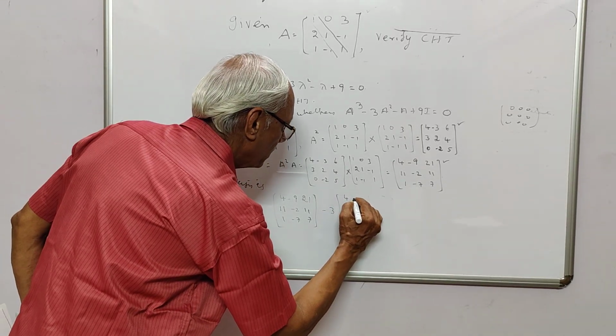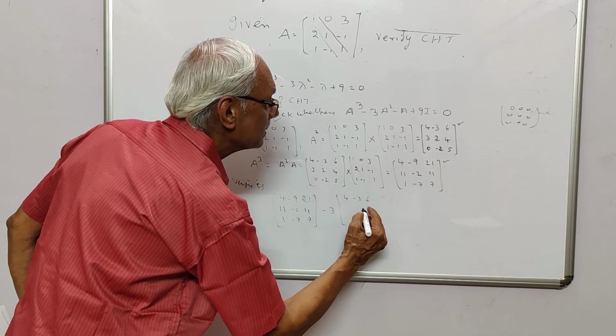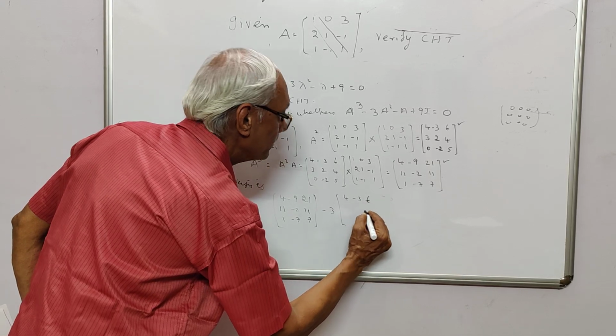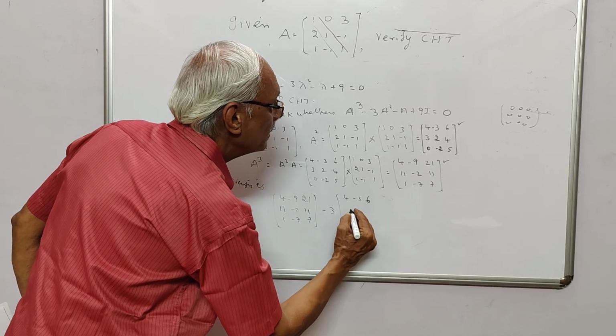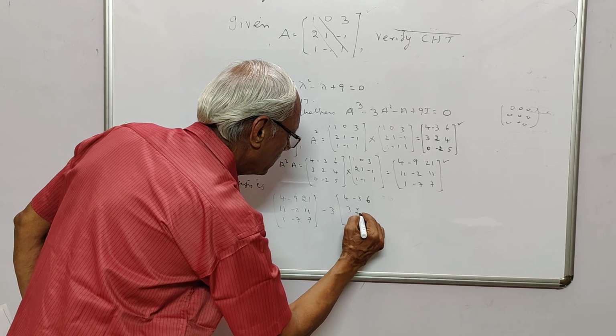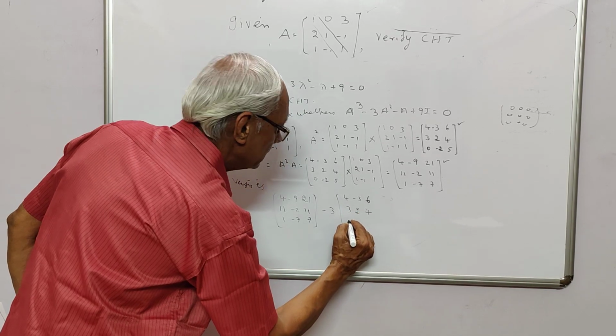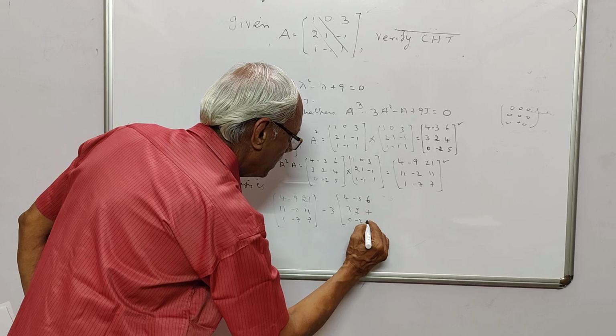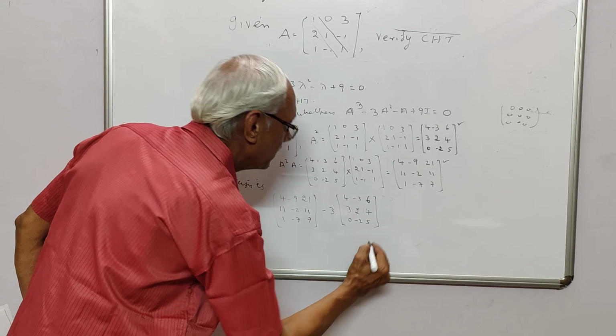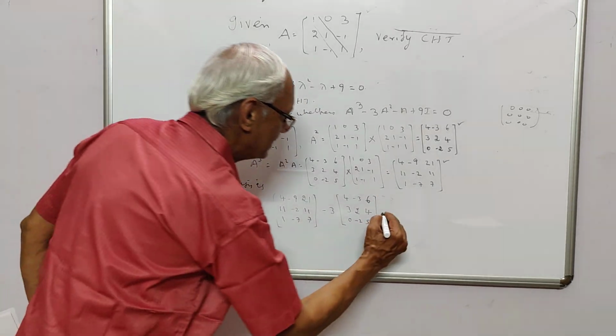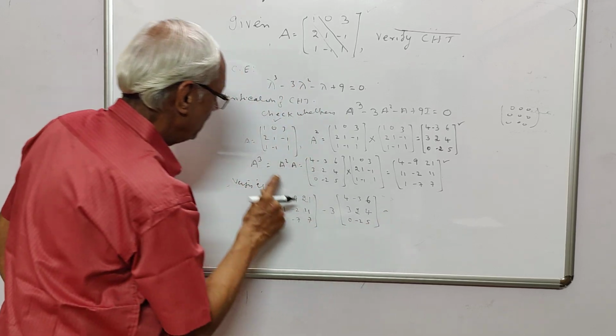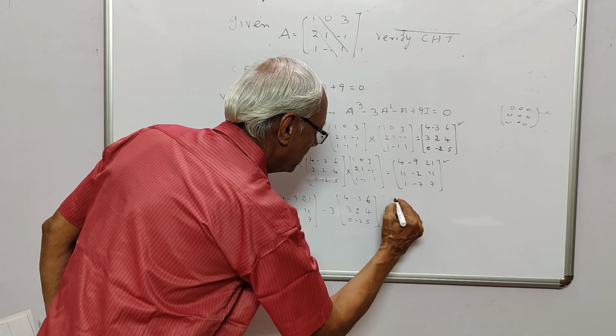4 minus 3, 6, 3 2 4, 0 minus 2 5. Then minus lambda in the place of this 1 0 3.